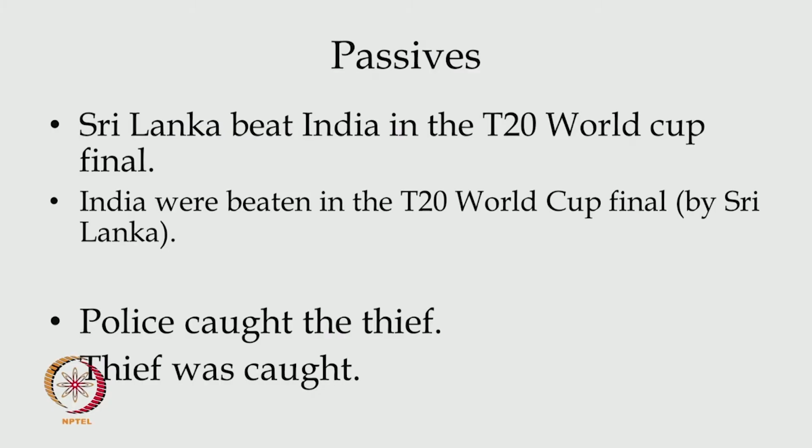Object becomes subject. What do we see here? In the active sentence, the verb is beat. It's a transitive verb, right? It has an object which is India. In a sentence like yours, the verb is drive. It's a transitive verb. The object of the transitive sentence is the car.